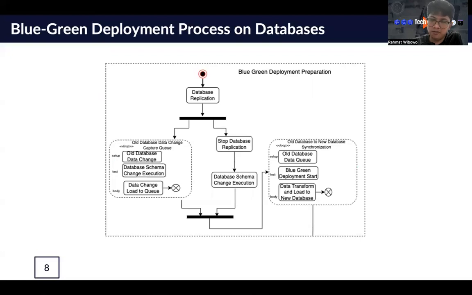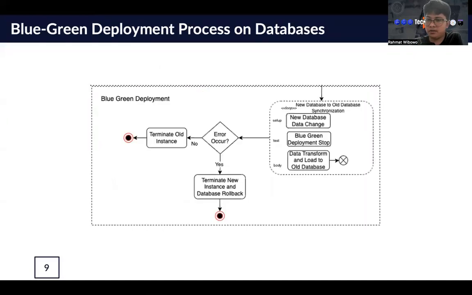After the schema change execution is complete, all of the data from the old database and the queue, from before the deployment, is transferred and loaded to the new database using the tools that I'm working on.